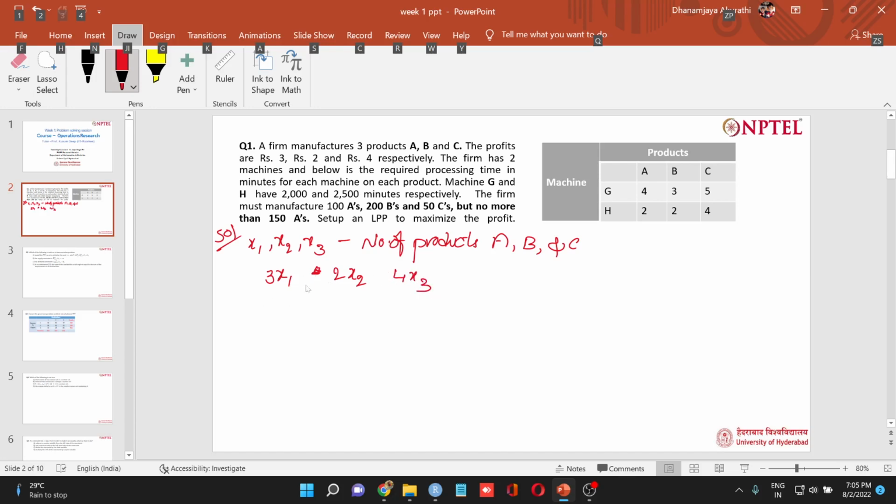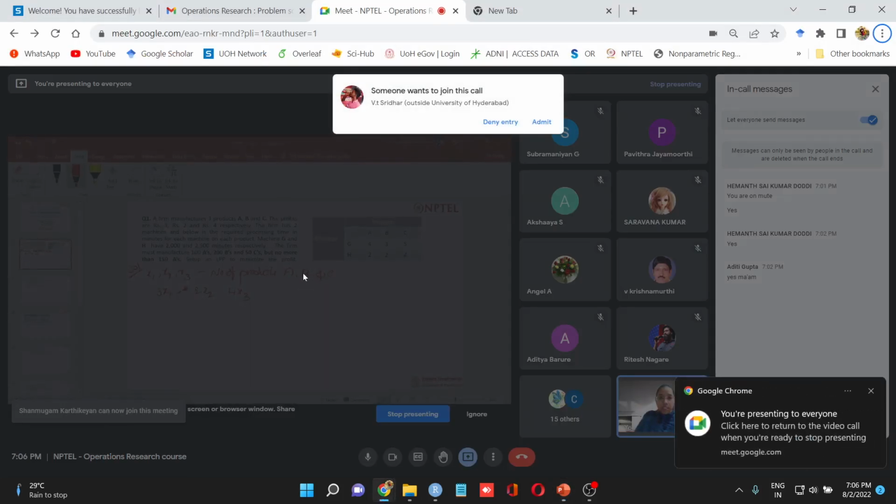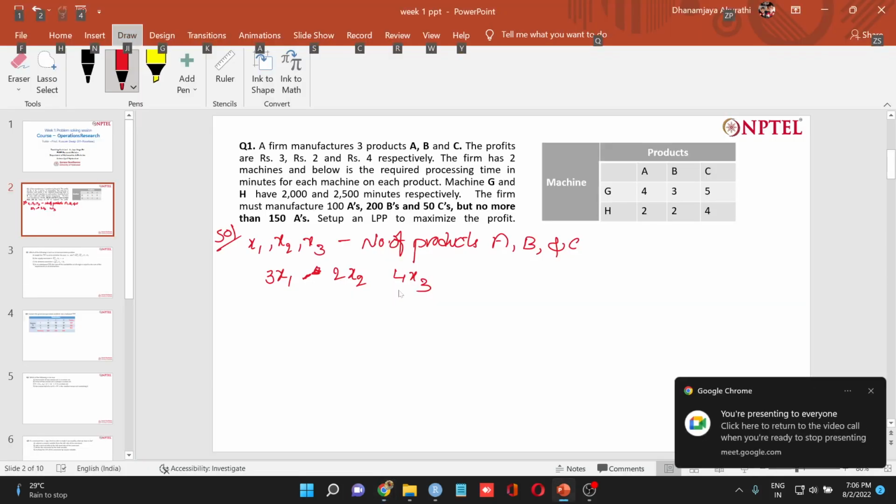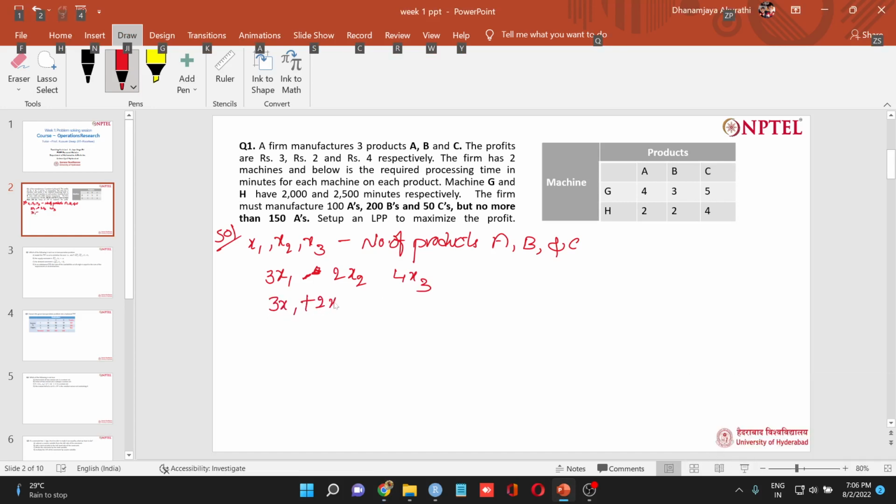The maximum profit comes when the firm sells all the products. So 3x1 is the profit from product A, 2x2 is the profit from product B, and 4x3 is the profit from product C. When we sell all these products together, we get the total profit.